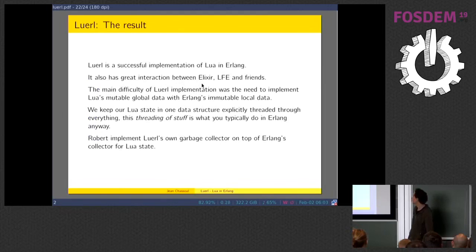The result of this implementation gives you a complete Lua that offers great interaction not only with Erlang, but Elixir, LFE, and all the rest of our friends in this ecosystem. In the implementation or using Luerl, we keep our Lua state in one data structure and we explicitly thread it through everything.